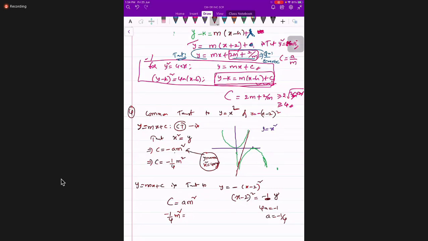The a value is 1 by 4. We are comparing, right? A value 1 by 4, and here m is m square only, no?